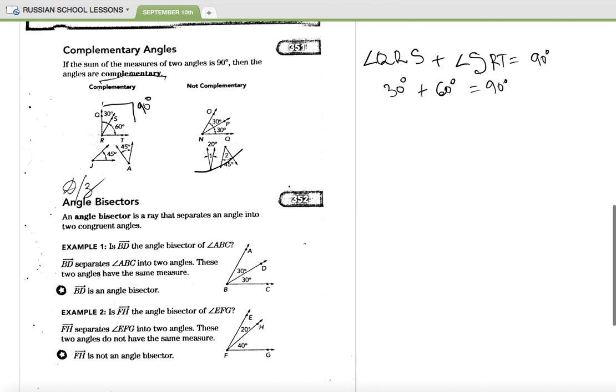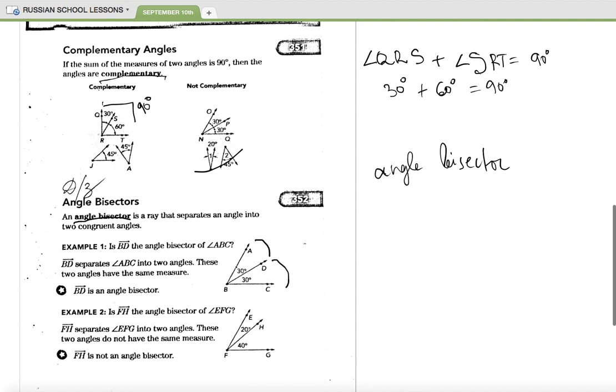An angle bisector is a ray that separates an angle into two congruent angles. Like this angle and this angle are separated by BD. It's a ray, and this BD is called an angle bisector.